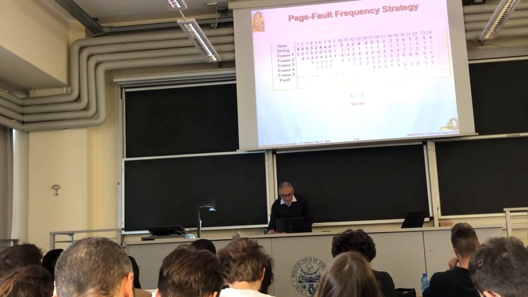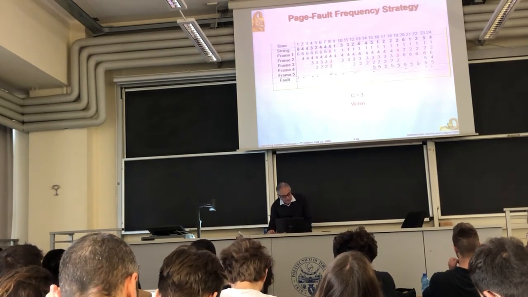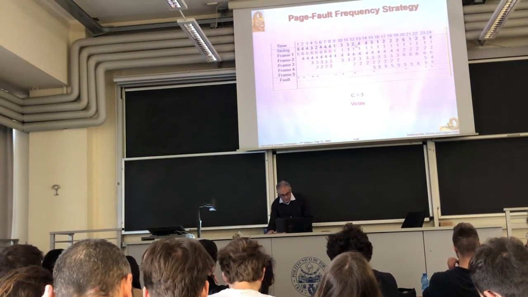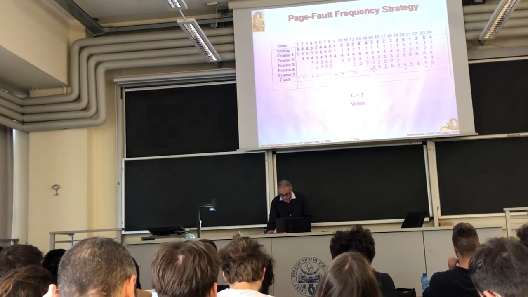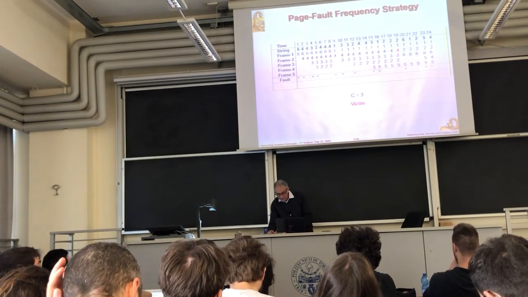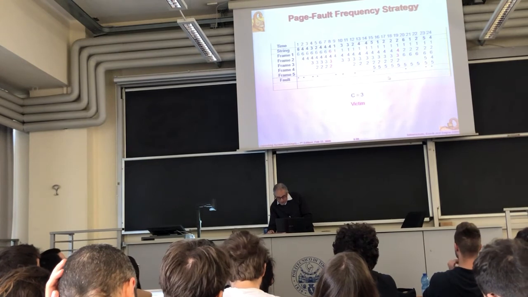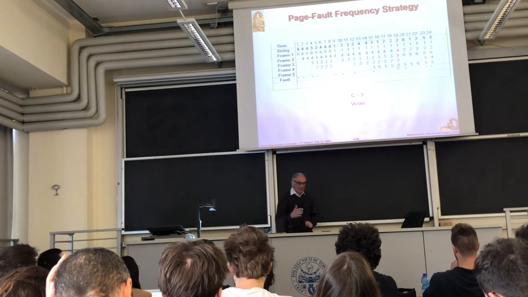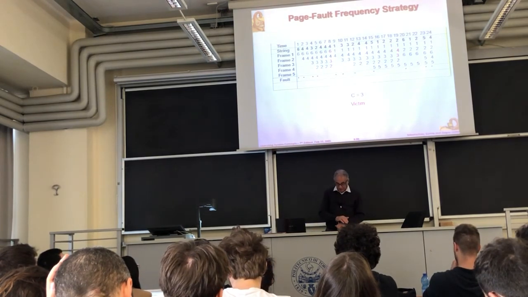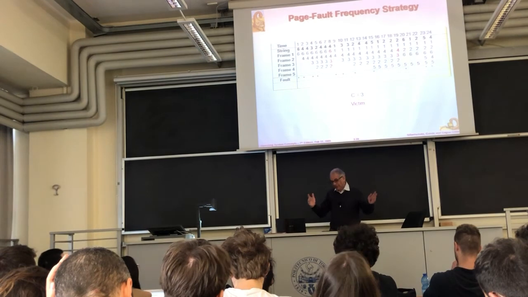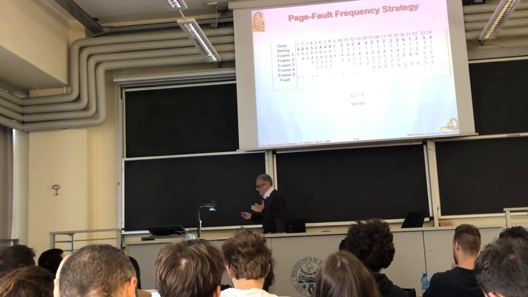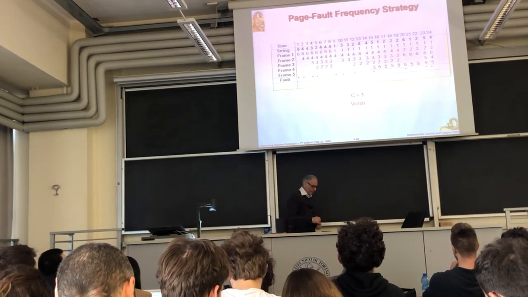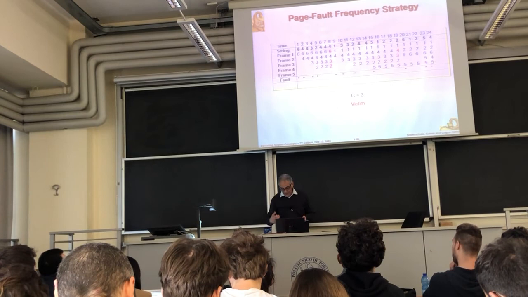Here, 3 is added because the interval is smaller than this, and the same for the reference at time 12. So the residence set increases. Here, still 3, probably is correct. By the way, you got the concept, okay? So if the interval is larger than the preset threshold, we eliminate the pages that were not referred. Otherwise, we add.